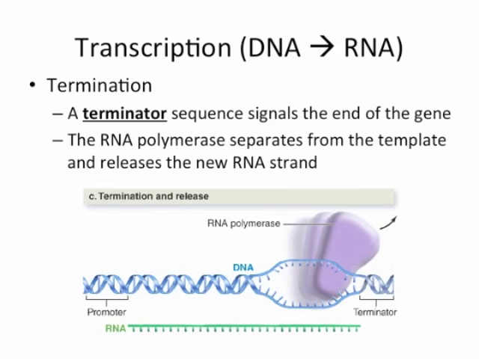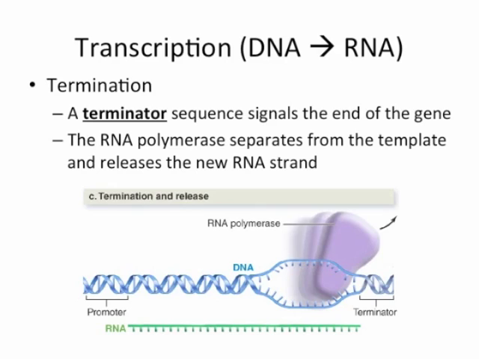The terminator sequence here signals the end of the gene. When RNA polymerase runs into that terminator sequence, it will separate from the template and release the new RNA strand. So now you have a brand new RNA molecule that's been made here that is ready to move on to the next step.